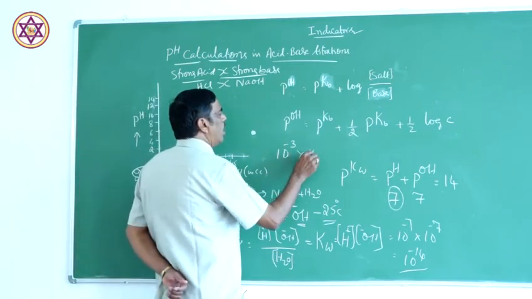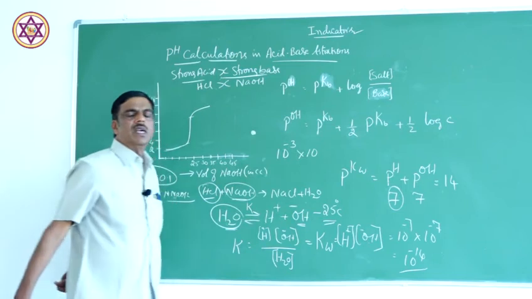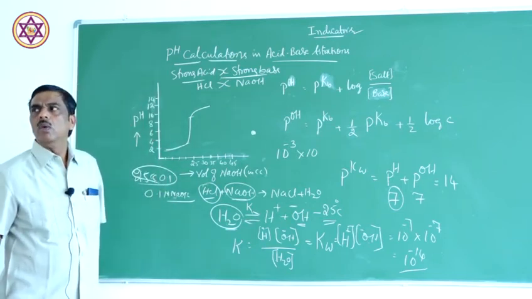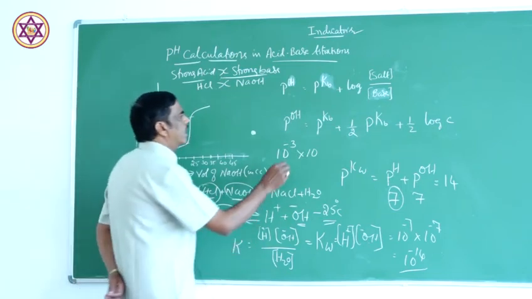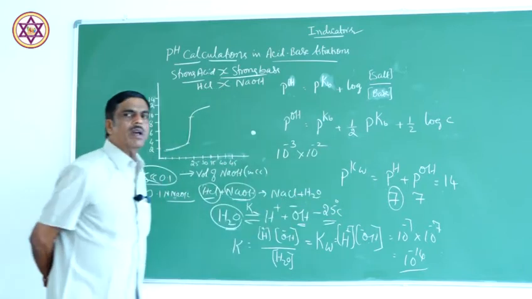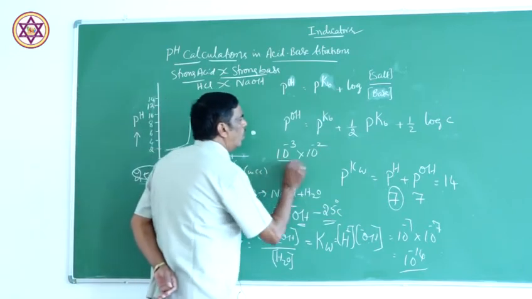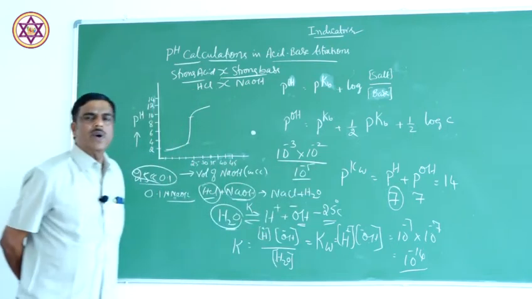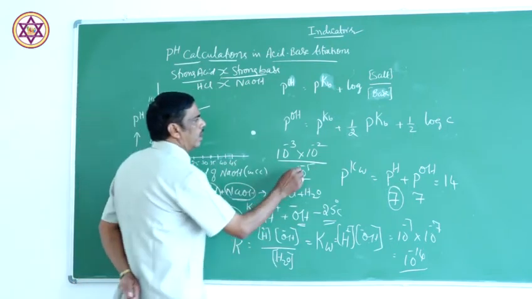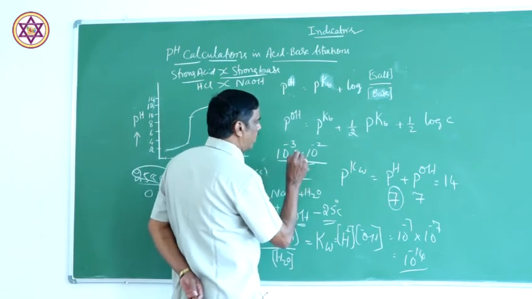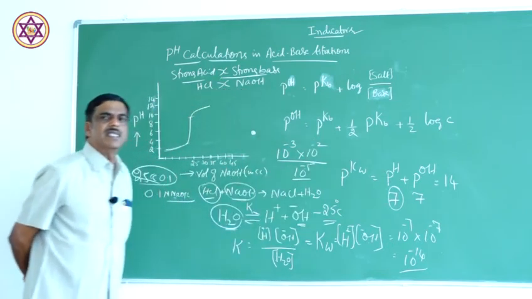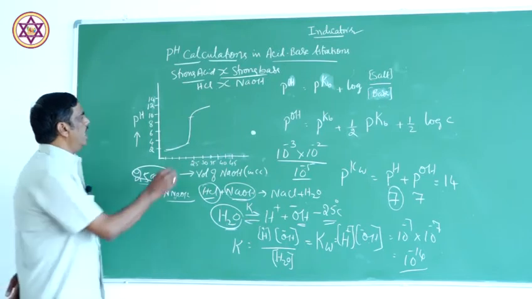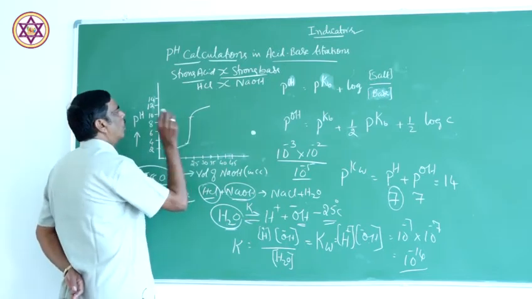If 1 ml has 100 drops, that can be written as 10 to the power of minus 2. Therefore it becomes 10 to the power of minus 5. pOH is 5. Therefore pH is 9. So suddenly pH changes from 4 to 10.